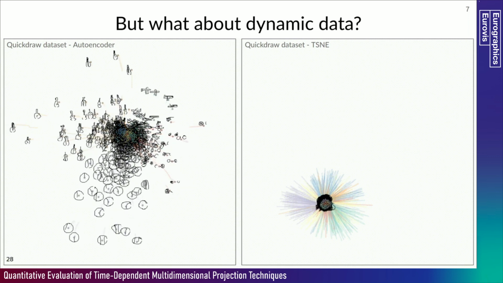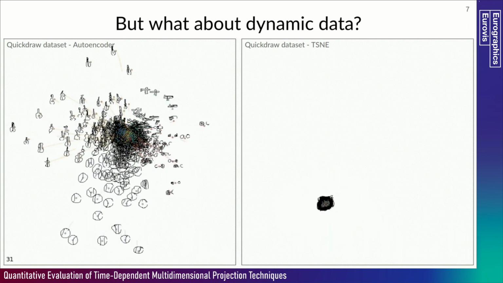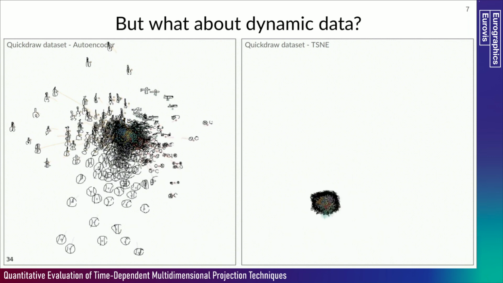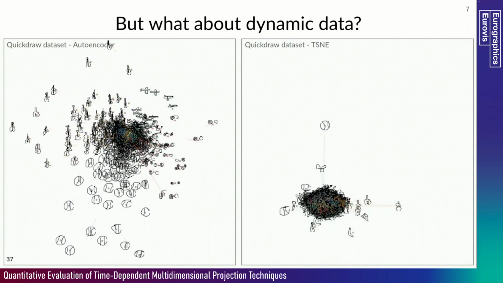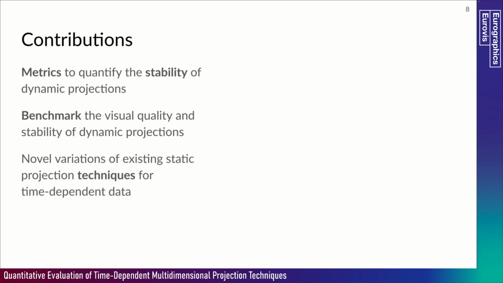Which one of these am I to believe? And how do I quantify how trustworthy they are? Our contributions with this work are: we've introduced metrics to quantify the stability of dynamic projections. This was something that did not exist in the literature before, and therefore we enable better study and comprehension of such methods.